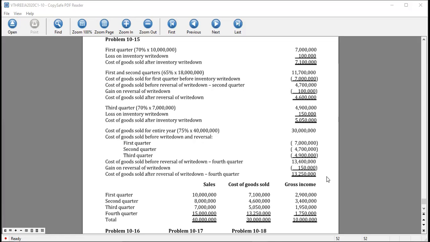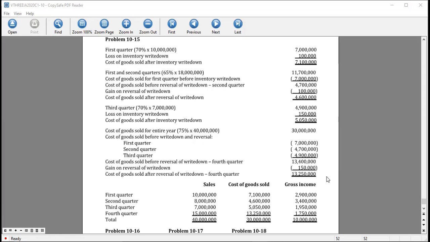We have the amount of 4.9 million. That's for the third quarter. The loss on inventory write down equals how much? That's for the third quarter. It's 4.9 million, and we add back the loss on inventory write down, so 5,050,000.